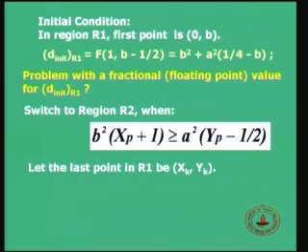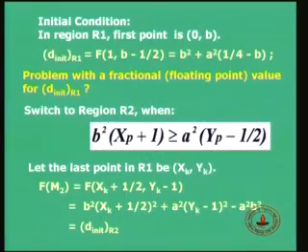So, let the last point in region R1, which could be an arbitrary point, be xk comma yk. It is at this point xk comma yk that we find the condition of switching to region R2 has occurred, and we have now moved to region R2. If you remember, when we were in region R1 in the first quadrant, the choice was between east and southeast pixel.